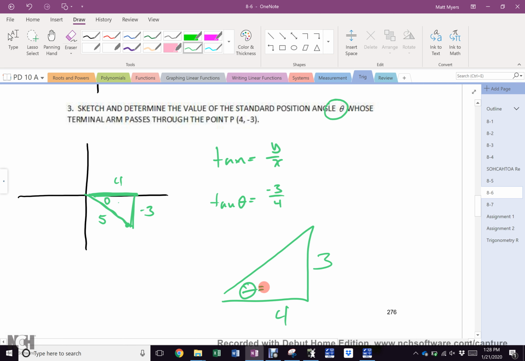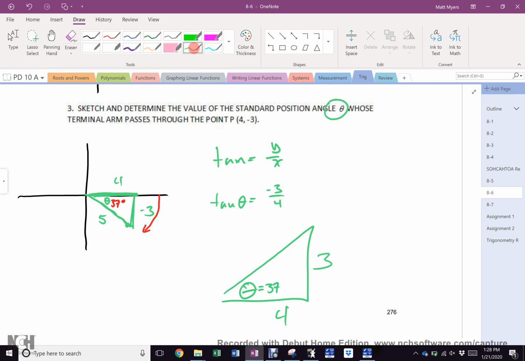So this would be 37 degrees if I use 3 and 4, right? This says -37. Why? Because I started from here, and remember, clockwise is negative, yeah? So this is 37 degrees.